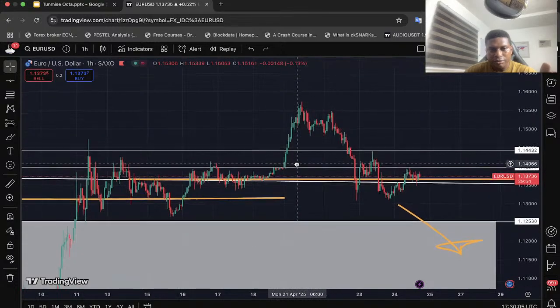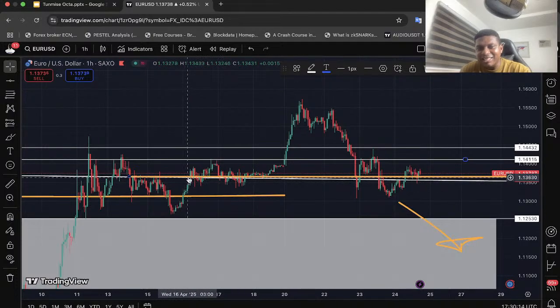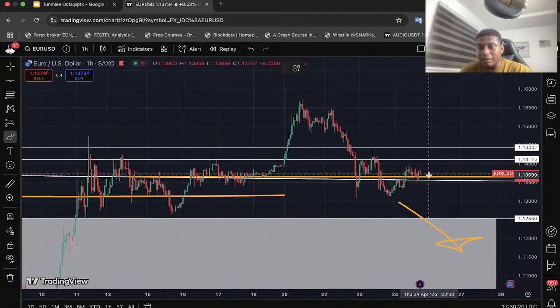Price is currently building up at this support zone, because this level is now acting as a support zone. So the higher probability that we are looking at is that price pushes up.